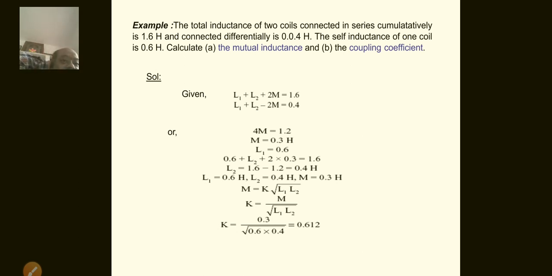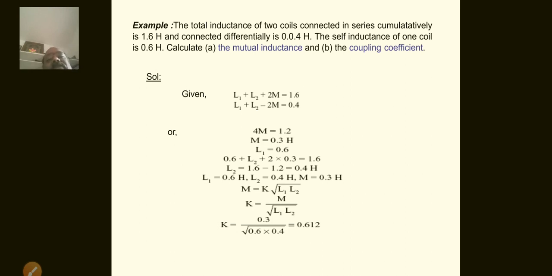Series aiding, that is series cumulative, is L1 plus L2 plus 2M, which is equal to the given value 1.6. And series opposing, L1 plus L2 minus 2M, is equal to 0.4.